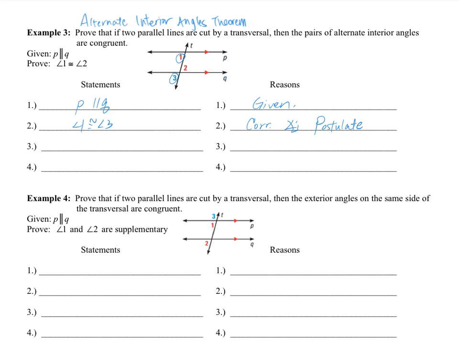And I also know that angle 3 is congruent to angle 2 by the vertical angle congruent theorem. So you can write just vertical angle congruent theorem. And by the transitive property, if angle 1 is congruent to angle 3 and angle 3 is congruent to angle 2, then angle 1 must be congruent to angle 2.